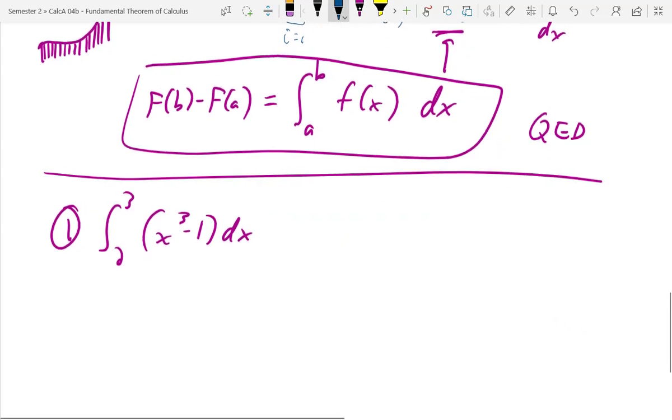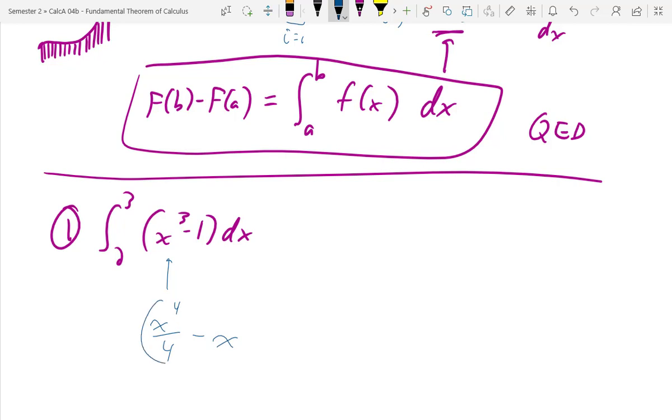So the first thing you do is take the antiderivative of this, and the antiderivative of the 1, x. You actually don't need the c anymore, because if you add c to both the things that you're subtracting, the c's are going to cancel off.